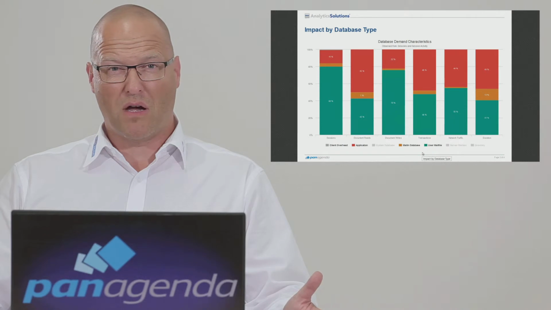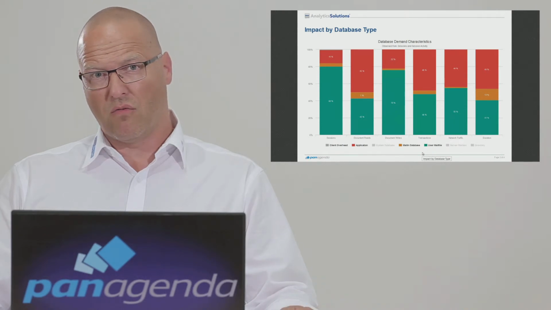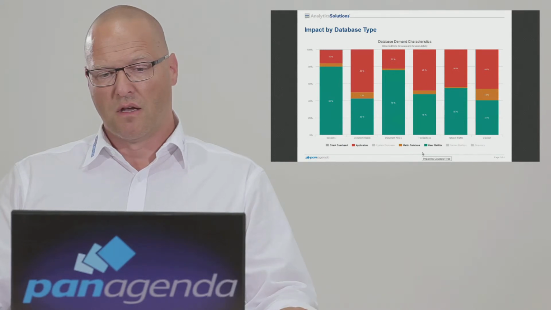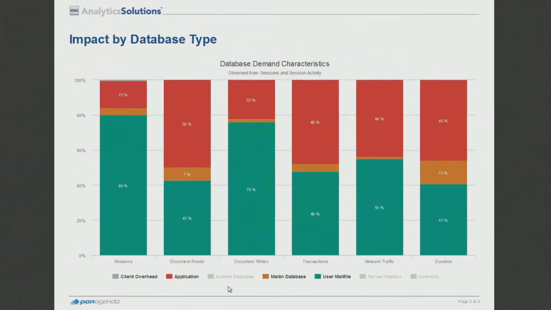You have to bear in mind that the number of applications is in most times lower than the number of mail files. So if we try to average over all those five columns, we see that the mail versus application usage in this environment is almost 1-to-1 or 50-50.